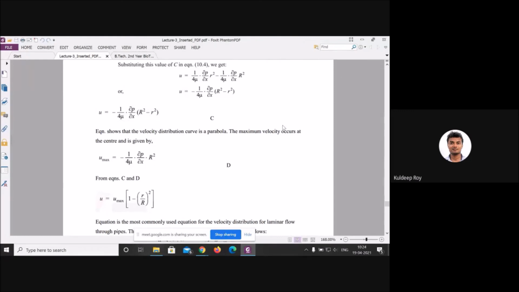If you want to define the maximum velocity, what you have to do is set this to 0. Then what you will get is this much, and this is your maximum velocity at the center. Then you have to compare equation 2 and equation 1, and you will get this expression.